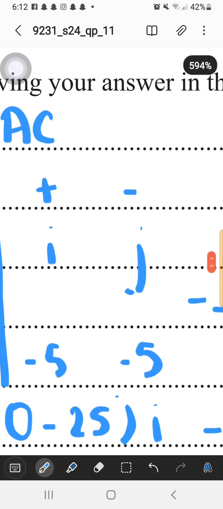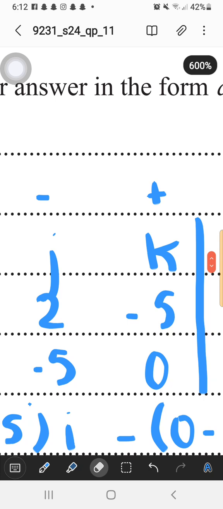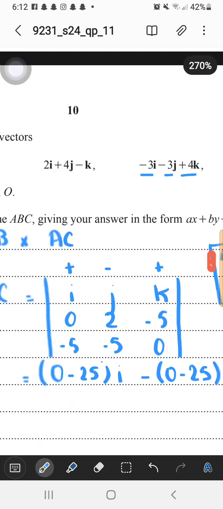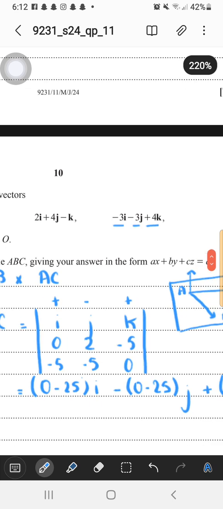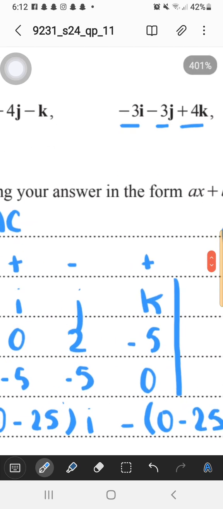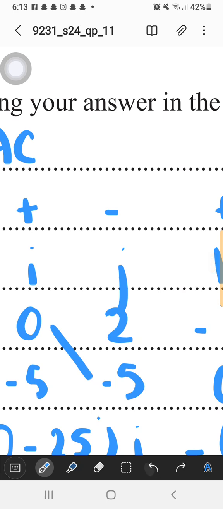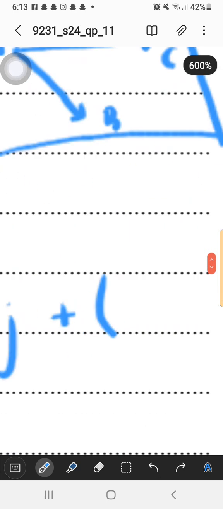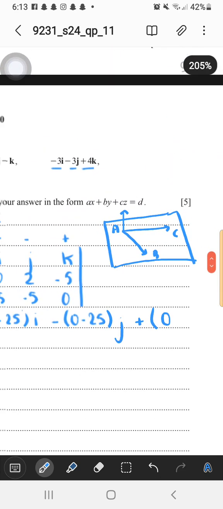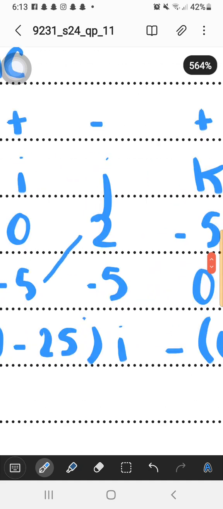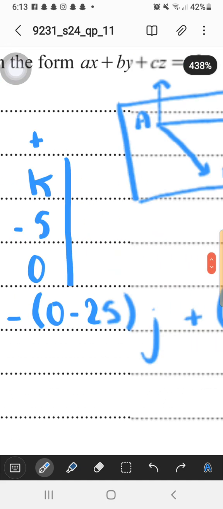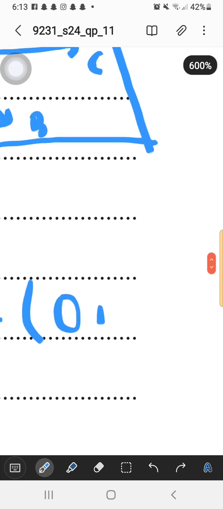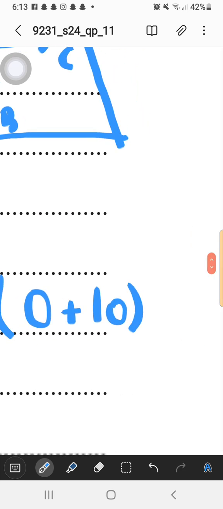Now to find the k, we are skipping the k and we will do i and j. So 0 multiplied by minus 5 will give us 0, and minus 5 multiplied by 2 will give us minus 10, and it will become plus 10. This is k.